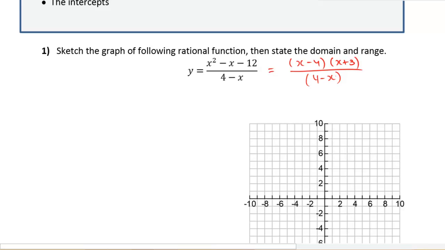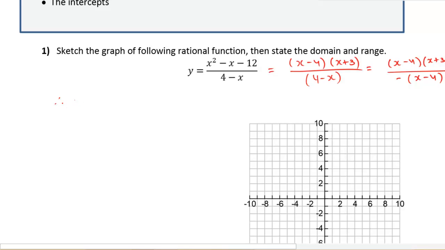From looking at it, it doesn't appear we have a common factor. However, if we rearrange the bottom factor, we end up with something that looks like that: x minus 4, x plus 3, and the bottom is actually negative of x minus 4. From that form, we do notice that, hey, x minus 4 is a common factor.